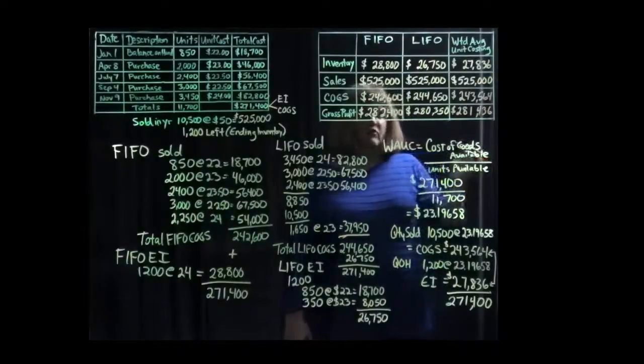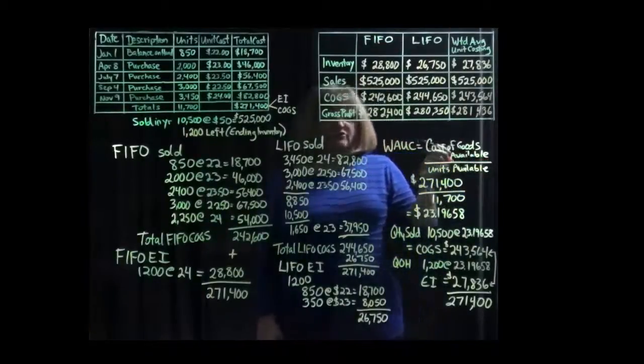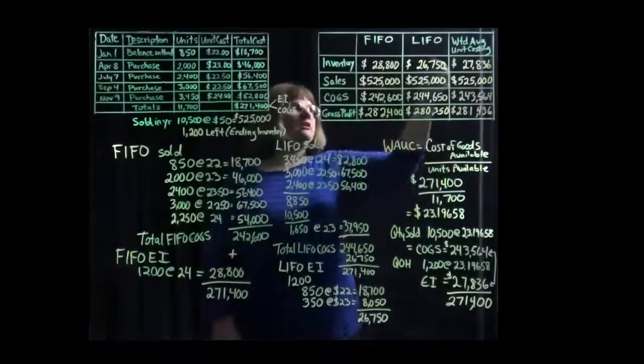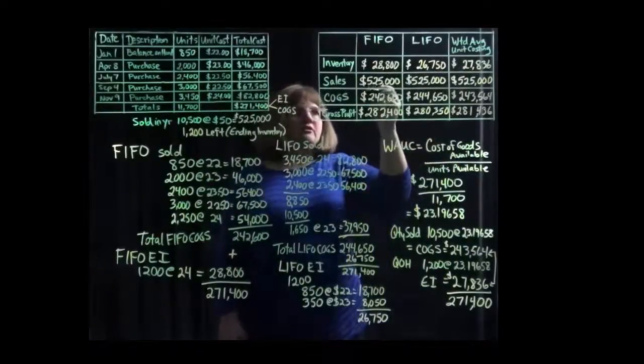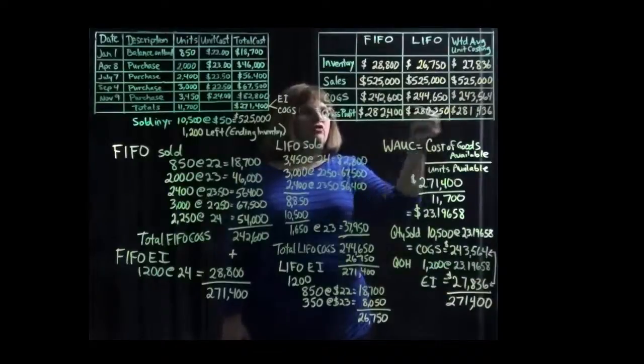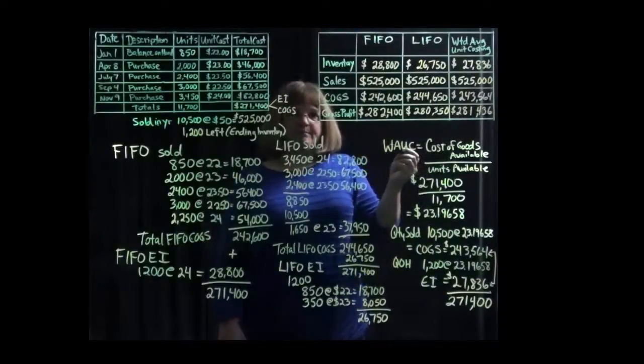So you can see that we will end up with different values for inventory on the balance sheet and for cost of goods sold and gross profit on the income statement.